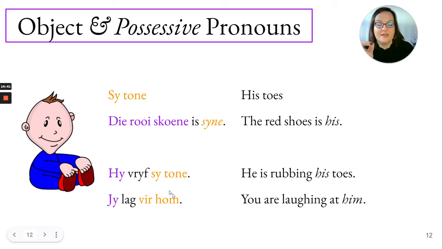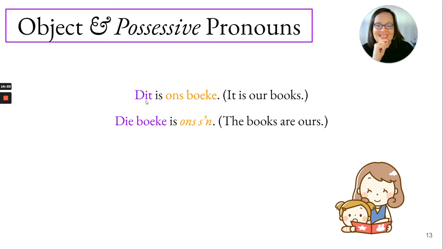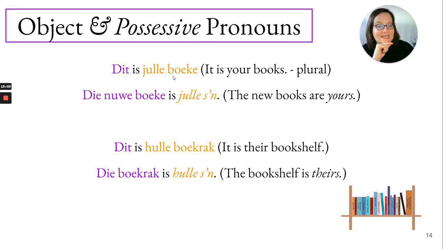Jy lag vir hom. You are laughing at him. So the him is translated as hom in Afrikaans. Good. Dit is ons boeke. Die boeke is ons sin. The books are ours. Ons sin. Dit is julle boeke.